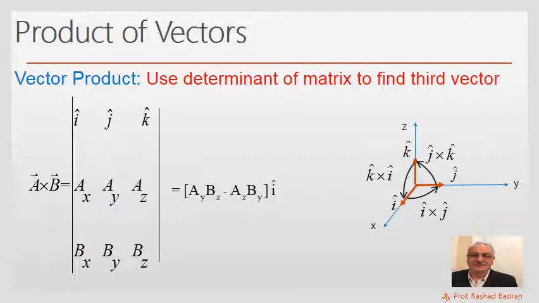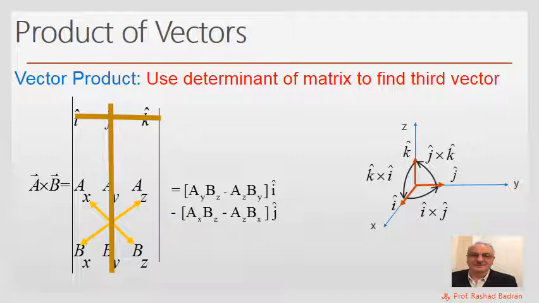For the y component, we start with j hat, but this j hat must be preceded by a negative sign instead of positive as for the first one. Then we cross off the column and row that belong to j hat, and determine the cofactor of the remainder by taking the product ax bz minus the product az bx.